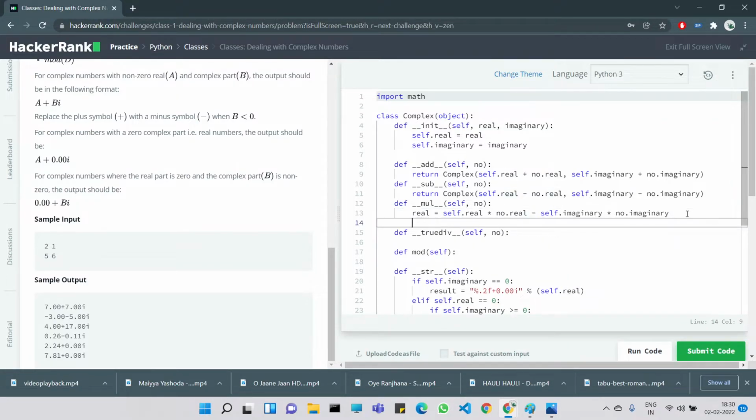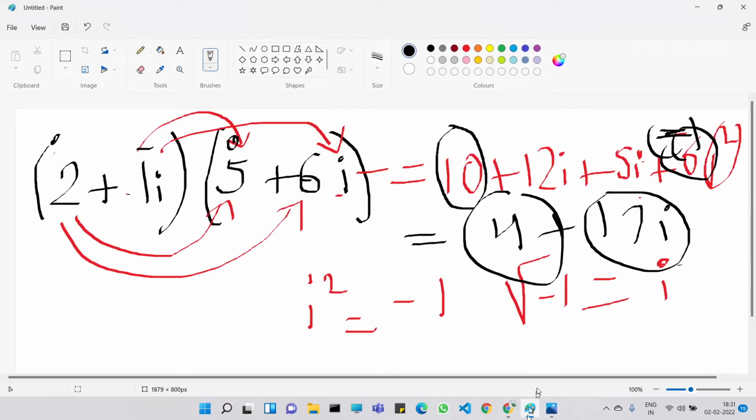In order to get the imaginary part, imaginary equal to, imaginary will be first 12i. 12i is self dot real multiplied with number dot imaginary.